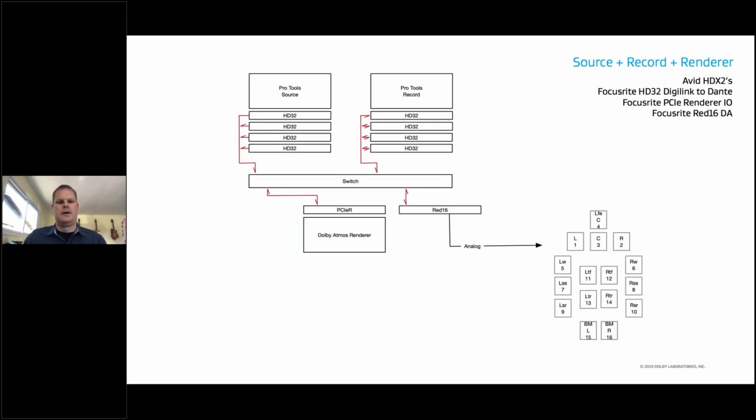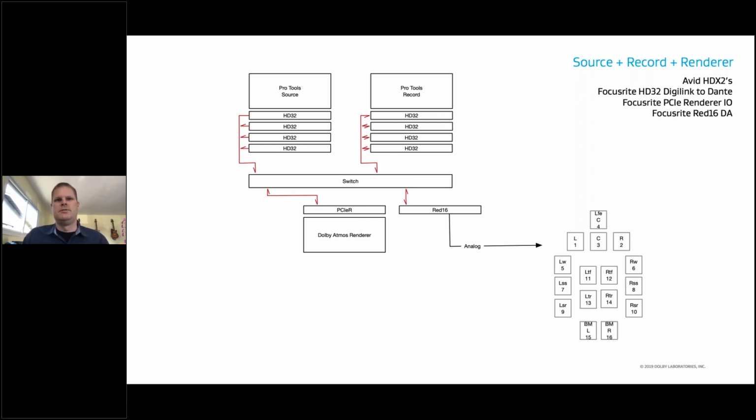Another setup, again with a source and record machine, but you have the Pro Tools source feeding out of the HD32s. So again, DigiLink out of Pro Tools into the Dante network, powered by the Focusrite HD32s, passing audio through the network switch into the record machine and into the Atmos renderer.